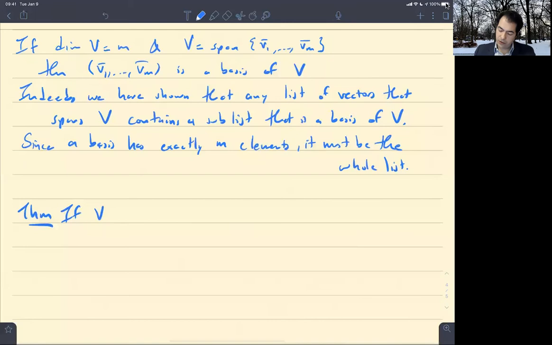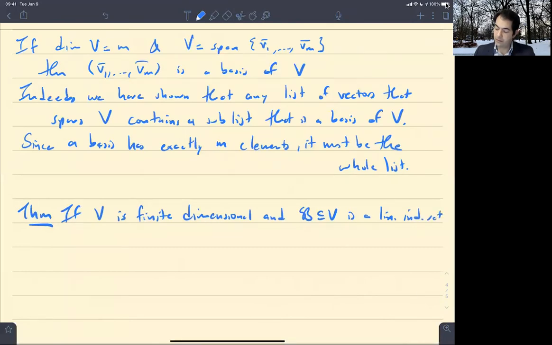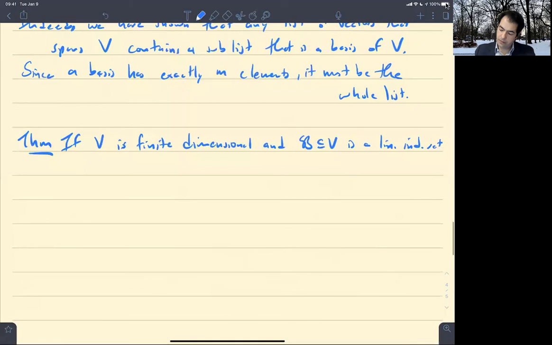If V is finite dimensional, and B inside V is a linearly independent set, well, let's make it a list because I want to make it into a basis.